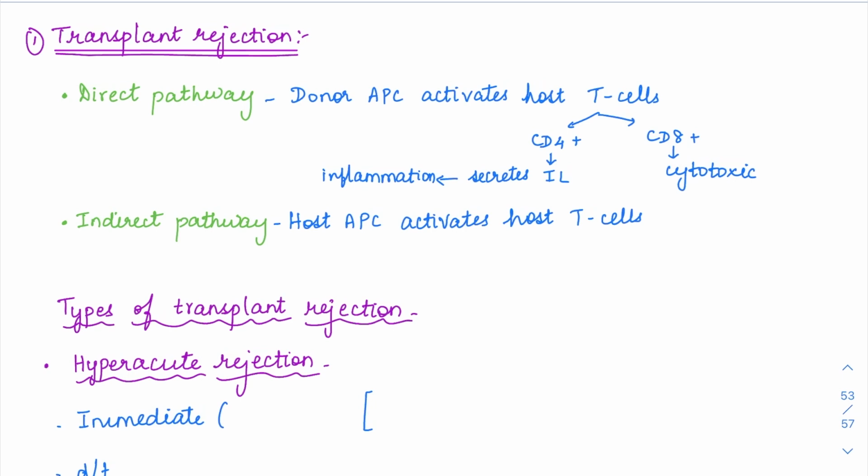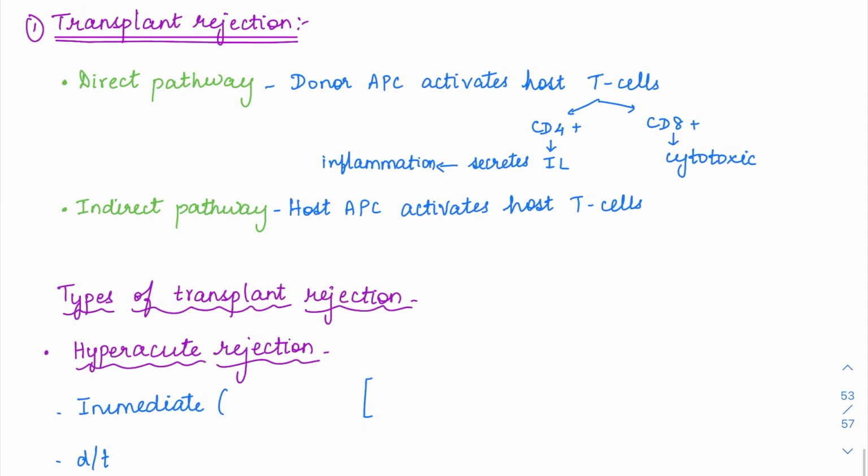When CD4 T cells are being activated, obviously it is going to produce various interleukins, various cytokines, and that will recruit the inflammatory cells, which will in turn cause the destruction of the graft. Then cytotoxic CD8 T cells can also be formed, and these cytotoxic T cells will directly act against the graft and cause the graft failure. Okay, that is direct pathway.